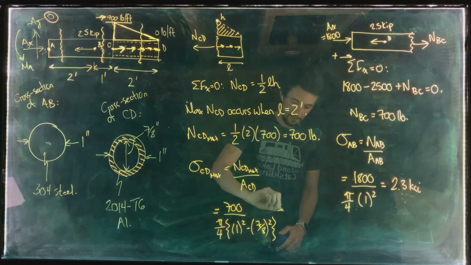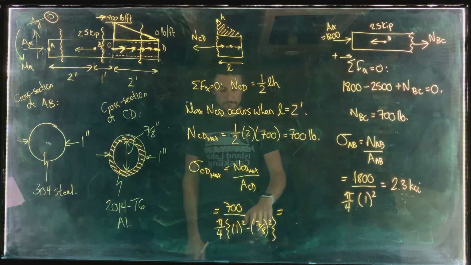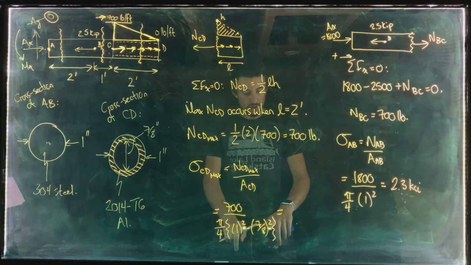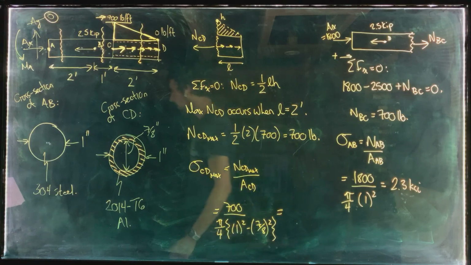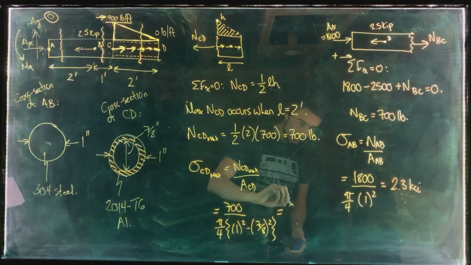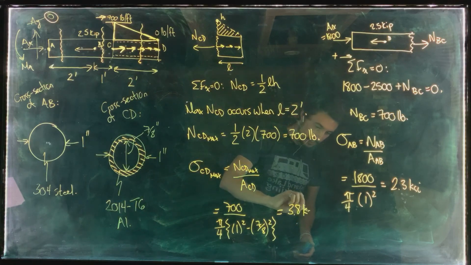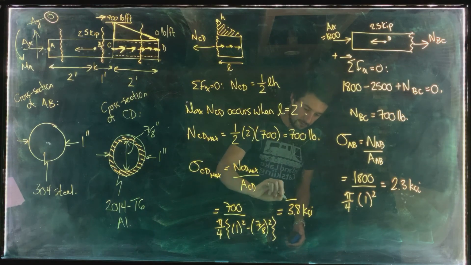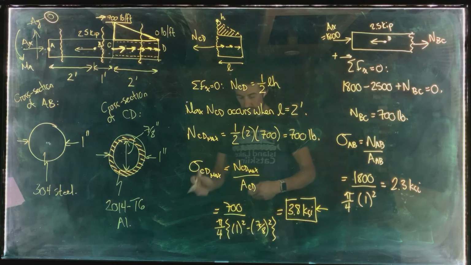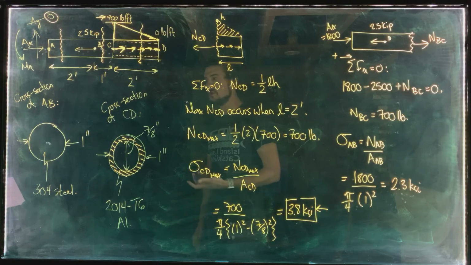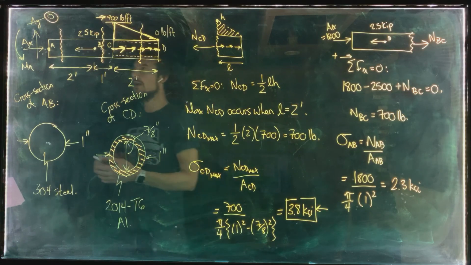Okay, there we go. Don't forget to square these numbers before you take their difference. Okay. So when I did that calculation, it gave me 3.8 KSI. So 3.8 KSI. Okay. So that's the answer to part 1 of that problem.